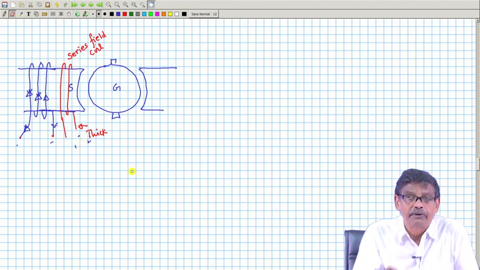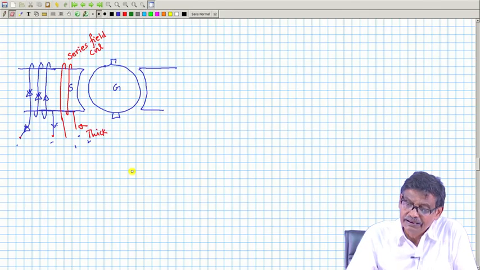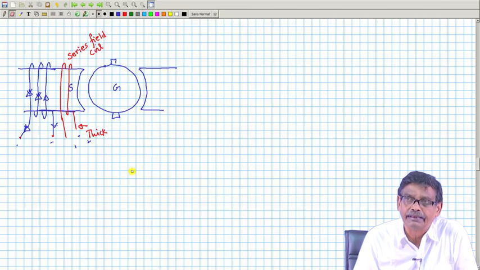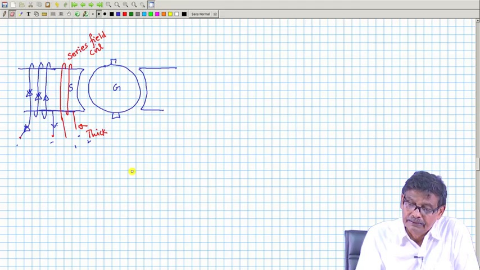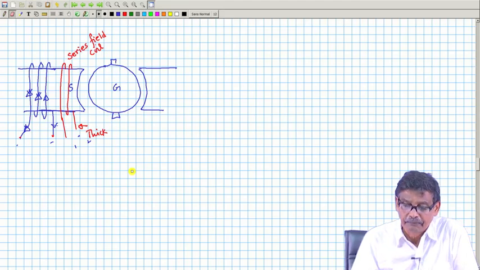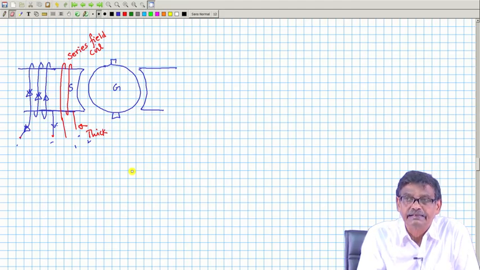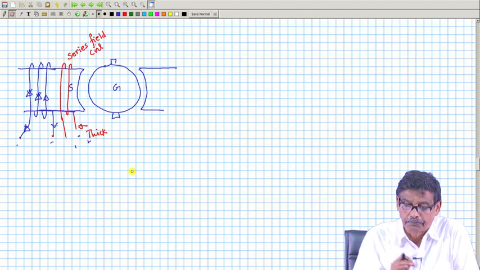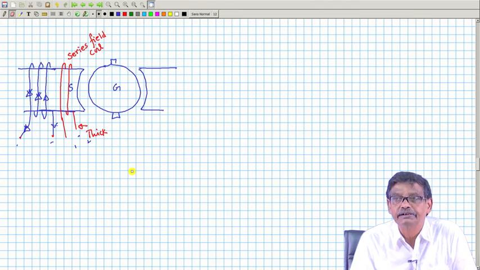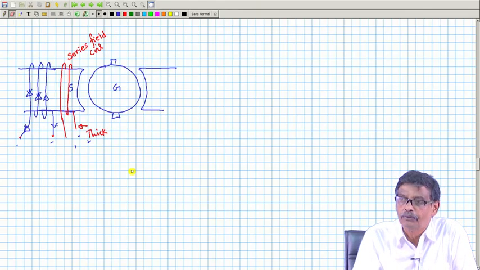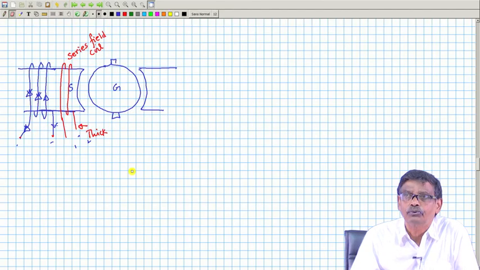Now, when you connect it in this way, when the machine is loaded, if there is a net reduction in flux per pole, then this series field coil will automatically provide additional ampere turns per pole, to keep the flux per pole the same.